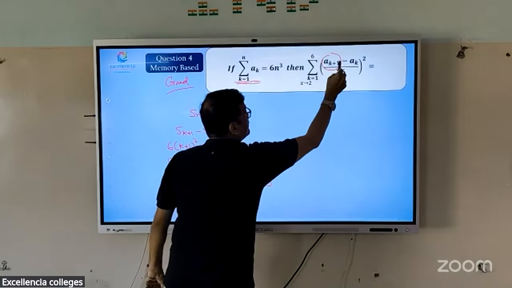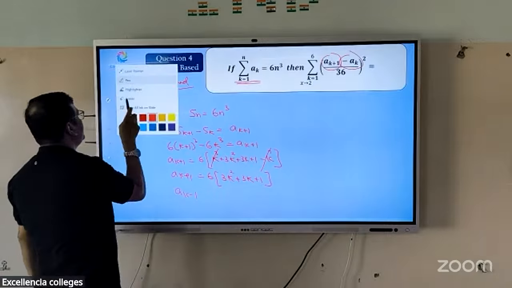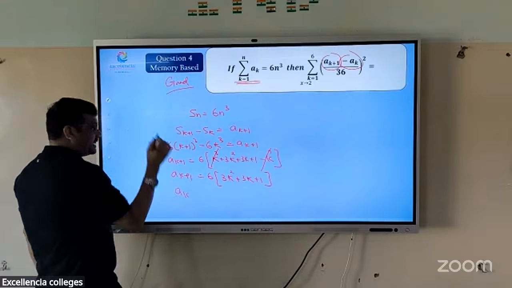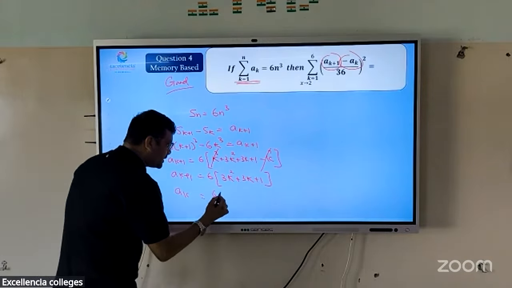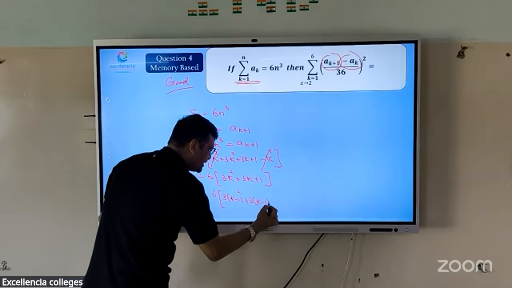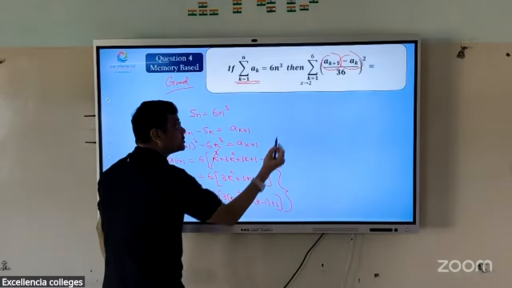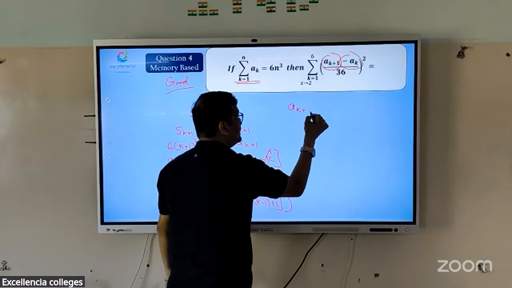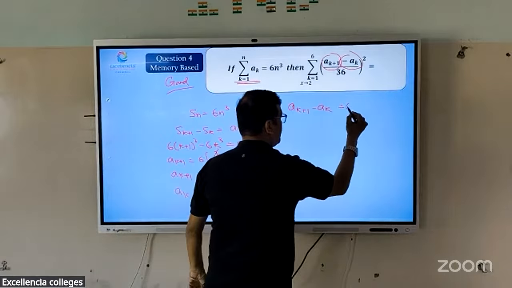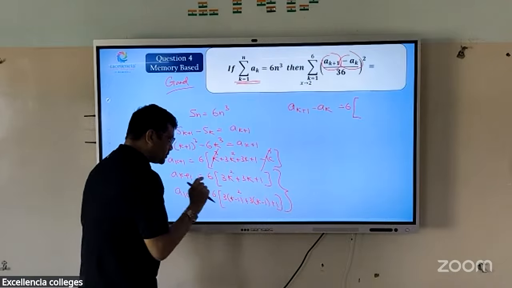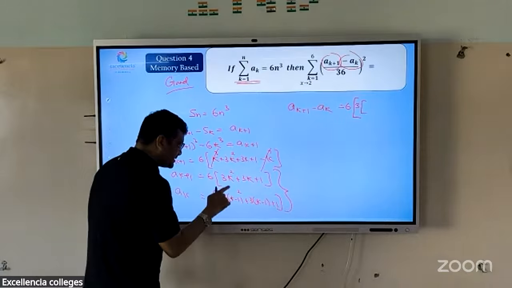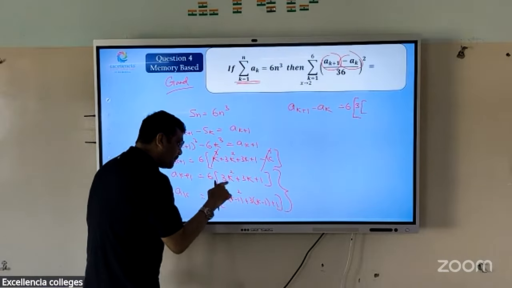Same for a k. So not a(k minus 1), a k. If I take a k, a k will become 6 into (3 into (k minus 1) the whole square plus 3 into (k minus 1) plus 1). Now, I need to subtract this to find it. a(k plus 1) minus a k. Subtract, plus 6 of 6. A square minus B square: 3 into this minus this. So A minus B is 1, A plus B is 2k minus 1.